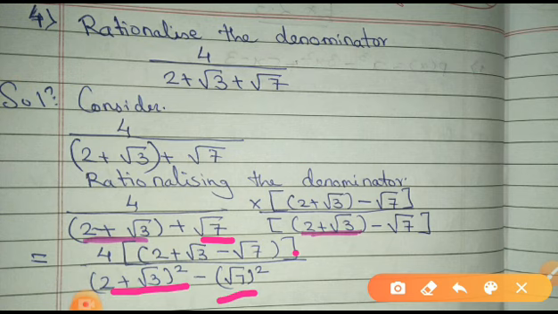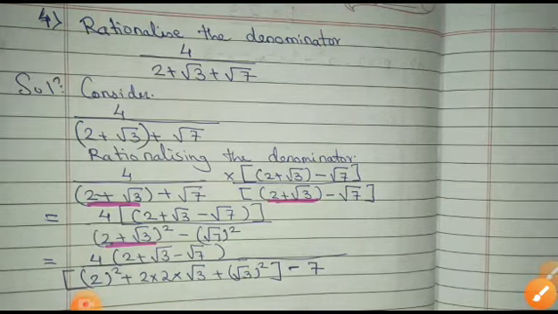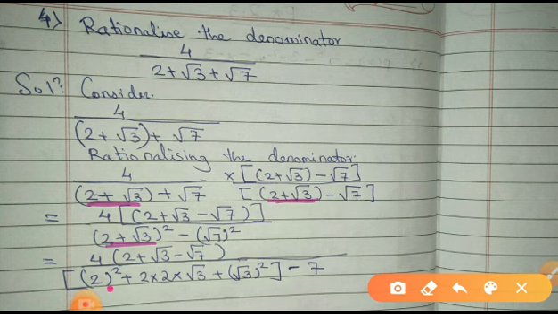Now make use of here the identity a plus b the whole square. So I'll be getting it as 2 square plus 2 into ab, 2 into 2 into root 3, plus root 3 square. This root 7 square, that is 7.